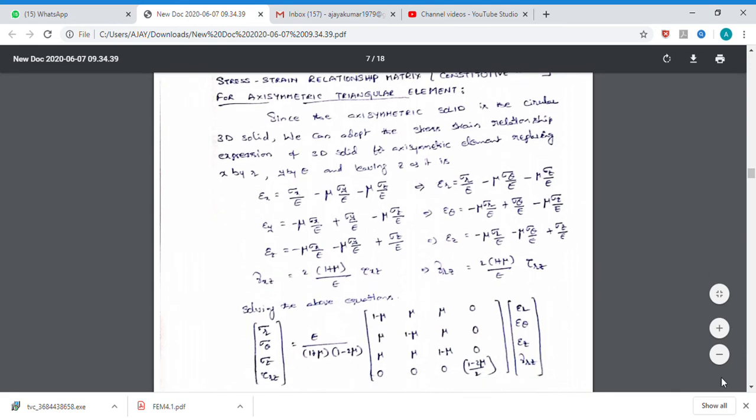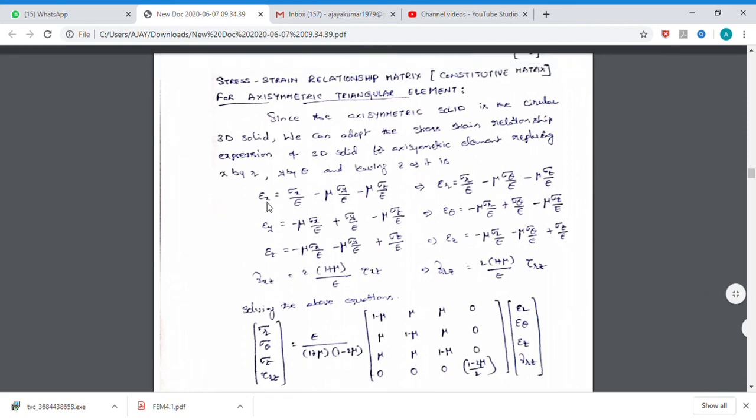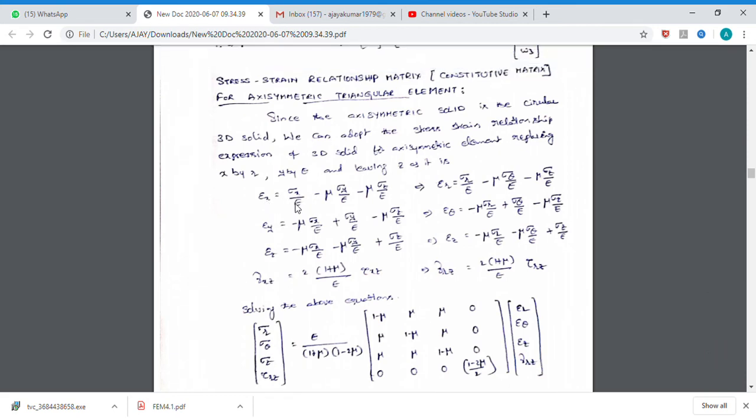That is, epsilon x, the normal strain in x direction, is equal to sigma x by E minus, this is the lateral strain, that is, the strain in x direction due to the y direction force.